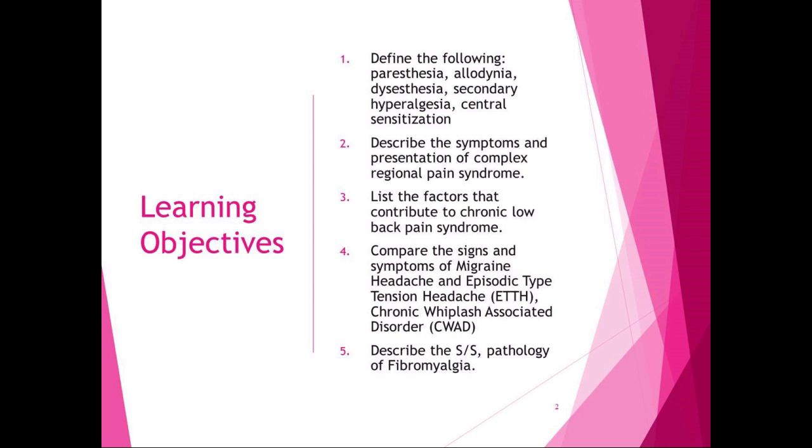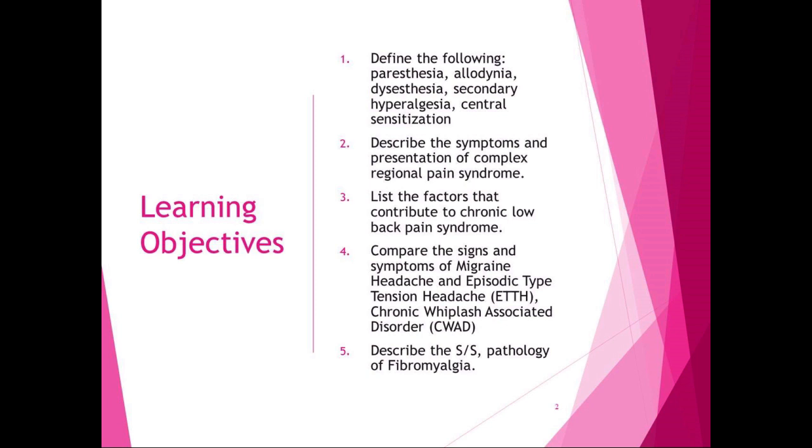I want you to be able to describe the symptoms and presentation of complex regional pain syndrome. So when we start talking about pain syndromes, which is all the rest of the learning objectives on here, that is the second lecture in Chapter 12. I want you to be able to list the factors that contribute to chronic low back pain syndrome.